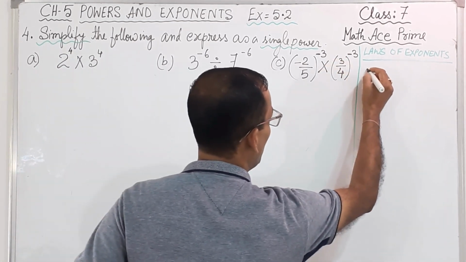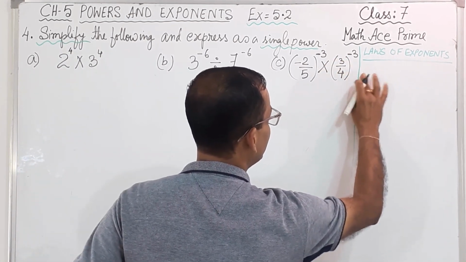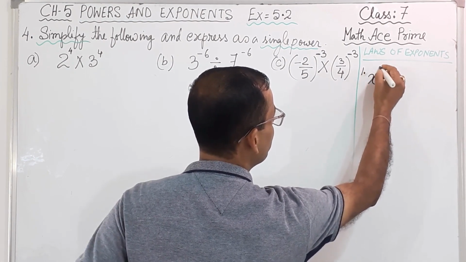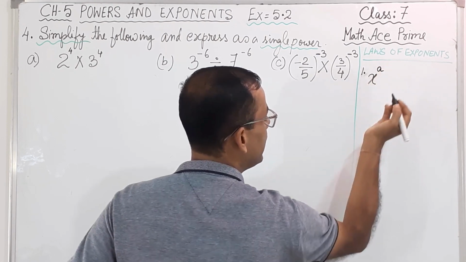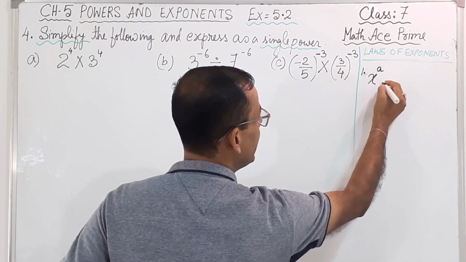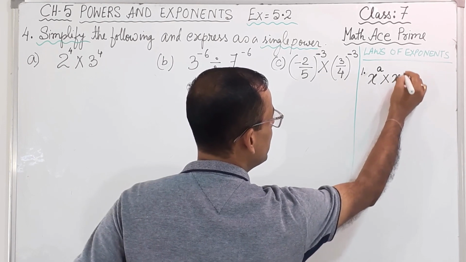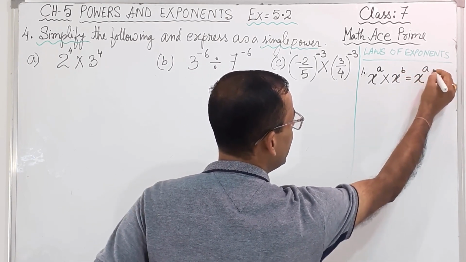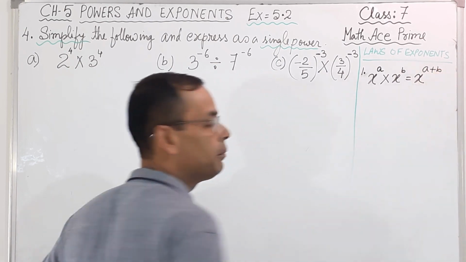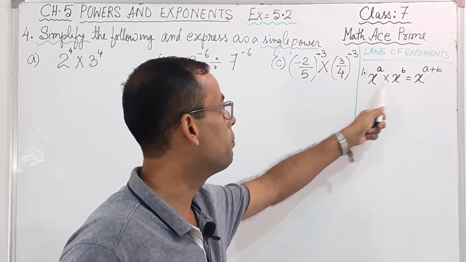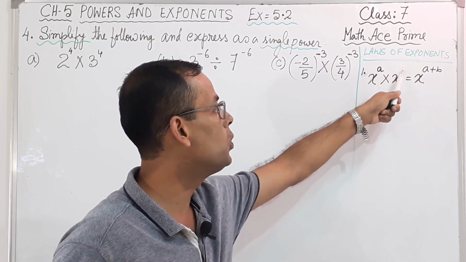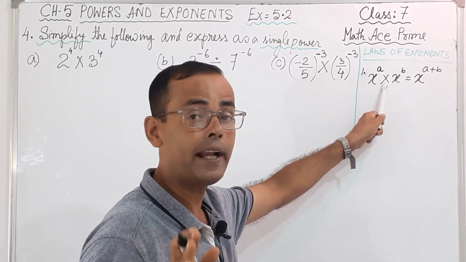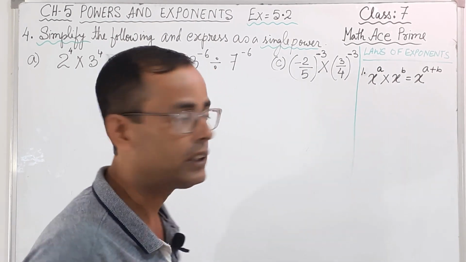The first law, number 1: x to the power a into x to the power b equals x to the power a plus b. That means, as I already told you, if the bases are the same, then the powers will be added, when there is a multiplication sign.